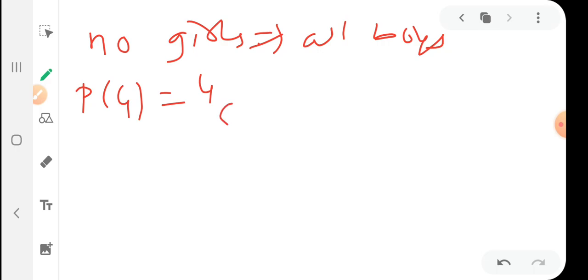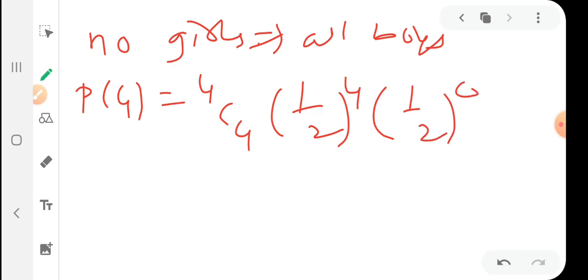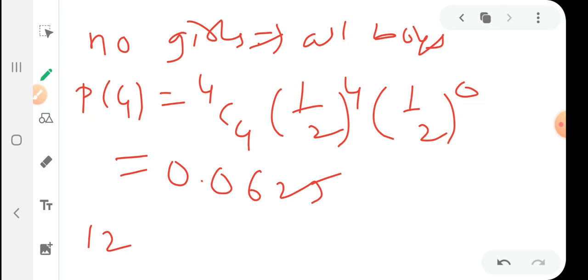So 4C4 into 1 by 2 raised to 4 into 1 by 2 raised to 4 minus 4, 0. Do the calculation, it is simple. 4C4 is 1 and 1 upon 2 raised to 4 means 1 by 16, that is 0.0625. And for 2000 families, if you solve it, you will get 125 is the answer.